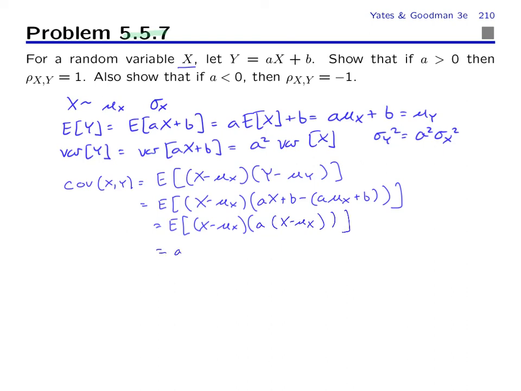And the result is that we have a times the expected value of X minus mu x squared. That's equal to a times the variance of X.